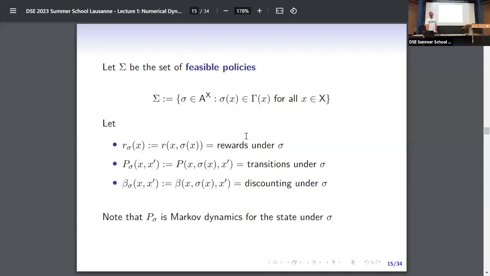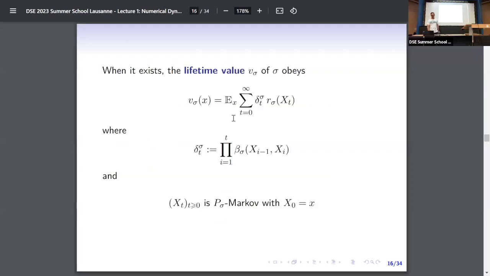So intuitively, when we pick a particular feasible policy, the Markov chain that's now driving the state is going to be this P sub sigma. That's going to generate a state process. And then we'll get rewards off it determined by these other couple of primitives.